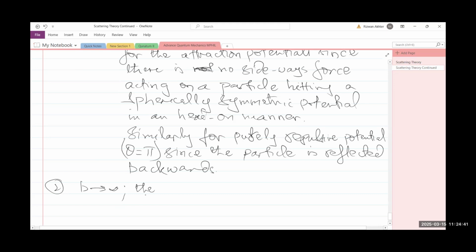That is, the perpendicular distance between the axis of interaction and the incoming beam of particles is tending towards infinity. Now again the deflection angle would be zero. Why is the deflection angle zero? Because the interaction is very weak. Asymptotic interaction is weak, so there would not be an appreciable interaction.